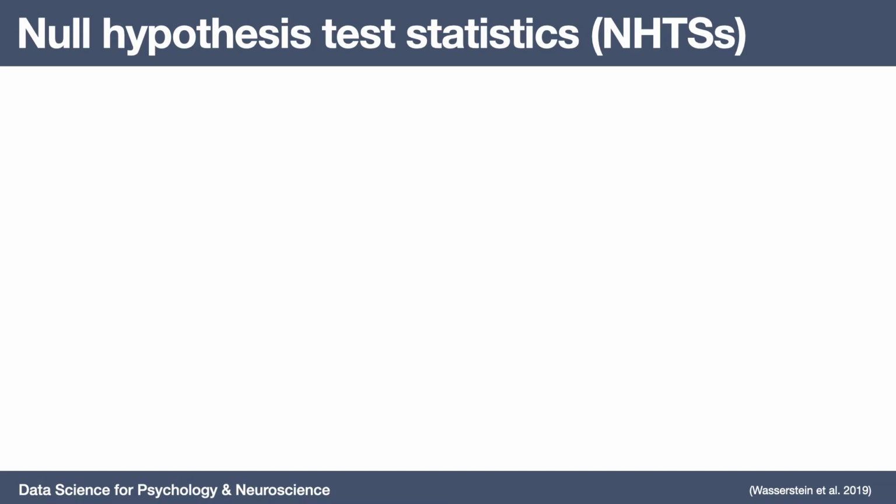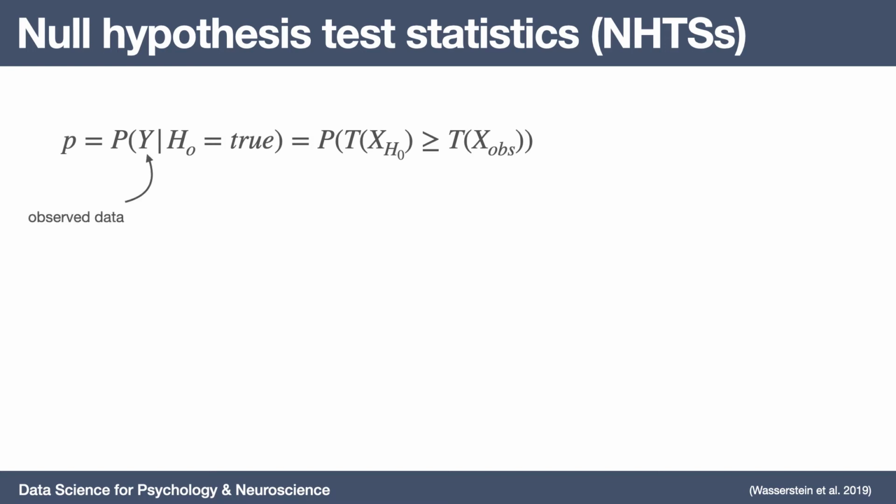This is the fundamental structure of null hypothesis test statistics, which we often shorten as NHTS. Null hypothesis test statistics return what we call the p-value. The p-value is just what I showed you on the last slide. It's the probability that the data you observe comes from a world where the null hypothesis is true.